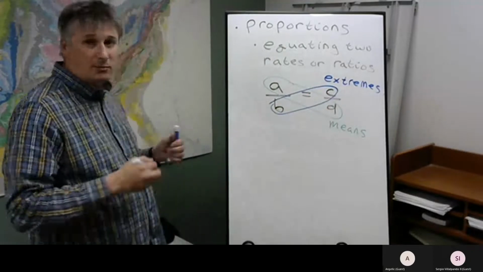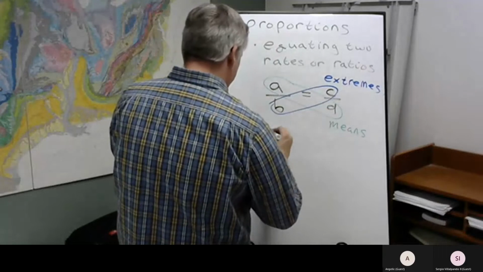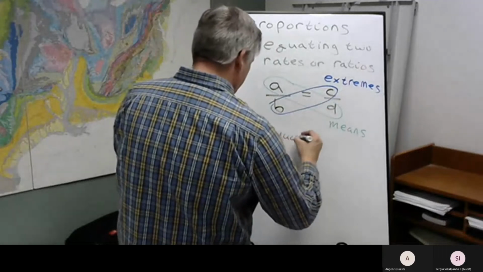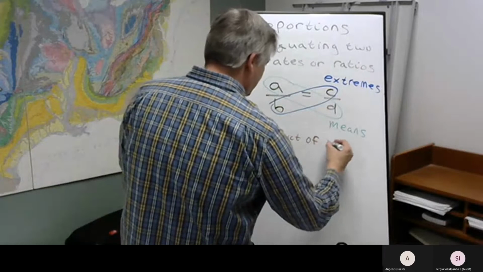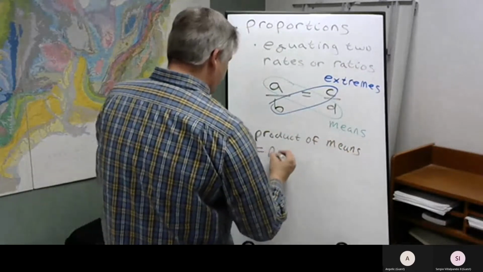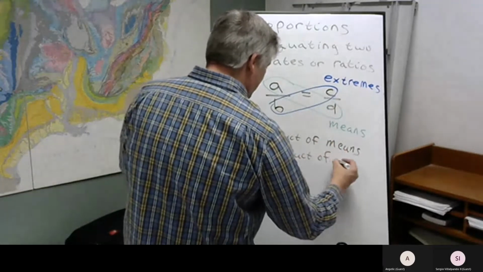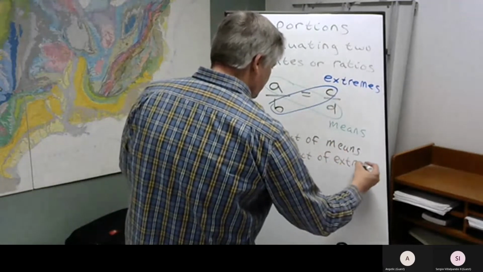The trick's going to be cross multiplication, or the product of means equals the product of extremes.